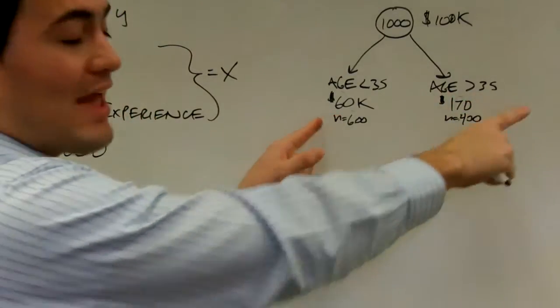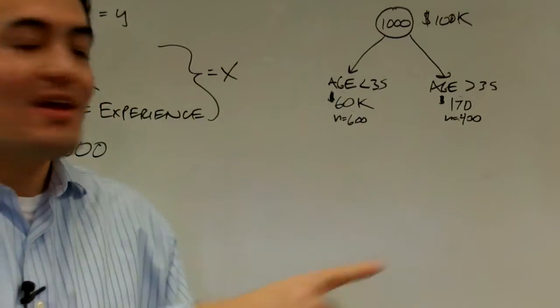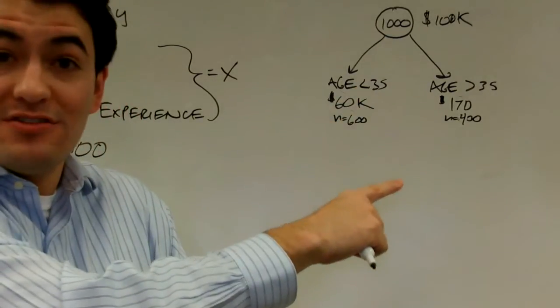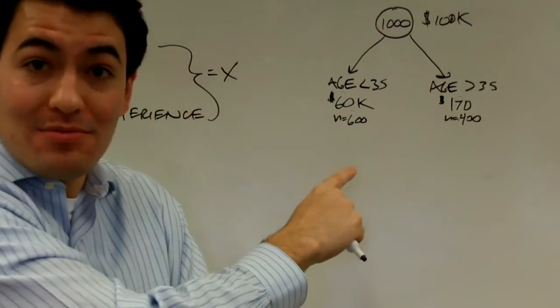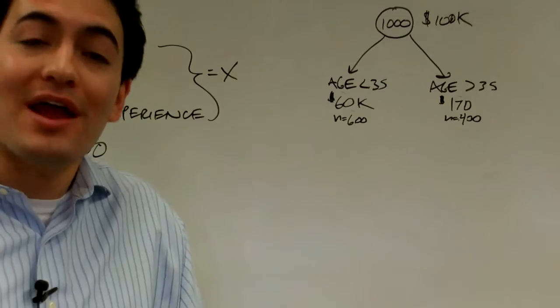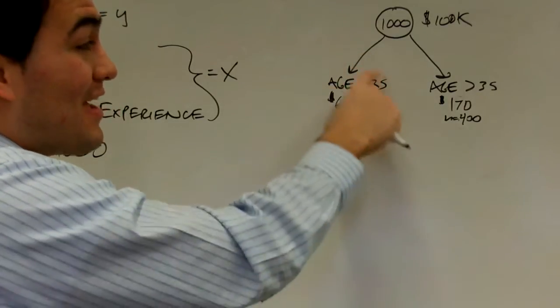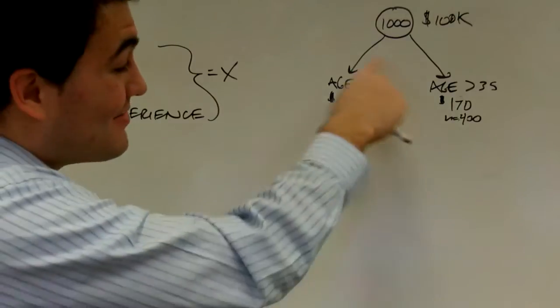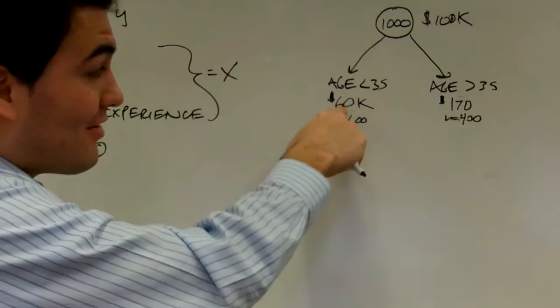But what we see is the gap between these is even greater. And in an actual decision tree, the quality of the split, so how good the split is, isn't measured on this raw gap number. It's actually measured in mean squared error. So you pretend you have a model, and for your model, you take everybody whose age is less than 35, and you predict that their income is $60,000.